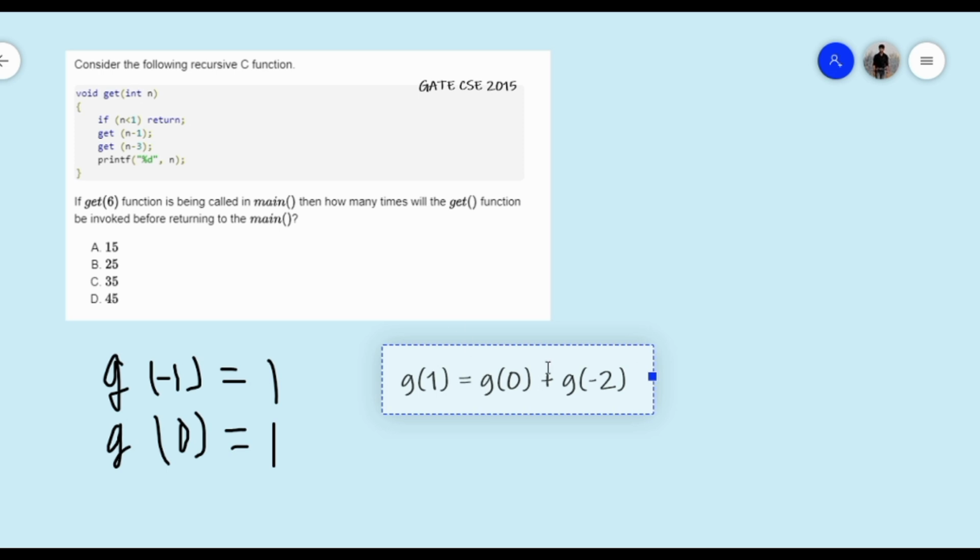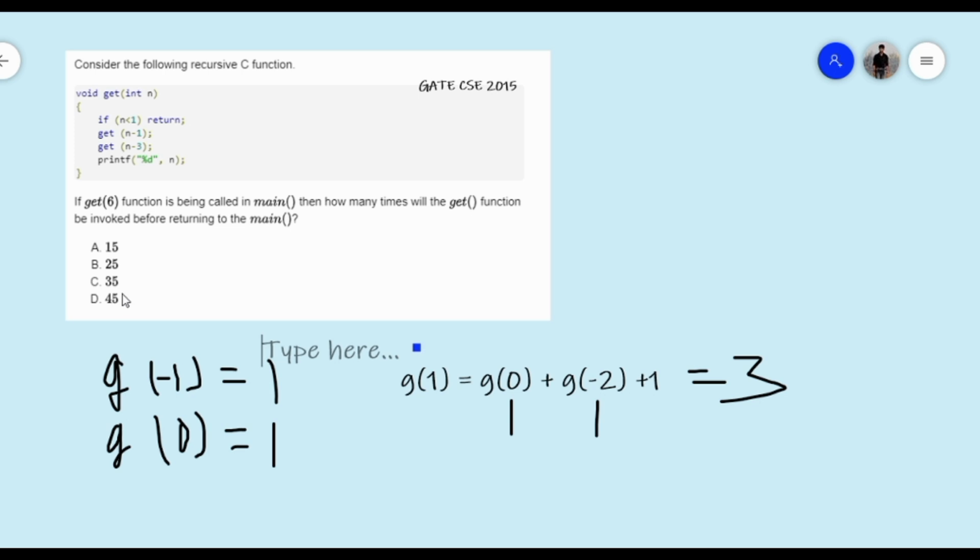So one function call with this, one with this, and one for this g of 1 itself, so plus 1. Now g of 0 is invoked one time, and g of -2, any value less than 1, is also invoked one time. Total 1 plus 1 plus 1 is 3. So for g of 1, this get function is invoked 3 times.